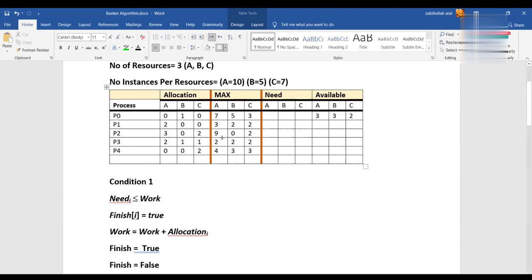Okay, now I will increase some of these values. For example, it was 9, this time it will be 15. 15, 5, 7, 7, 8, 9. Okay, guys.